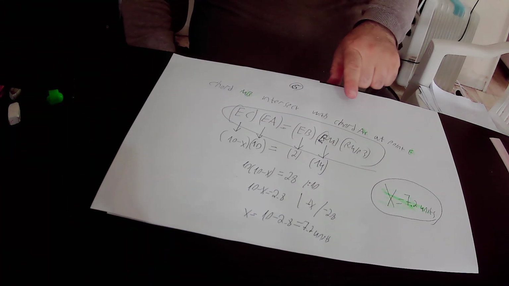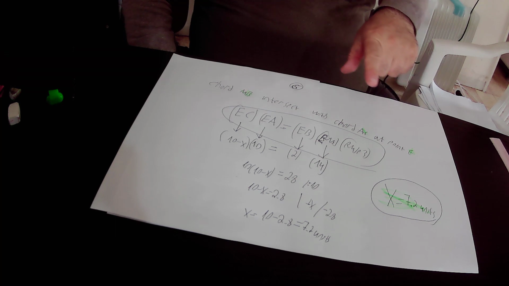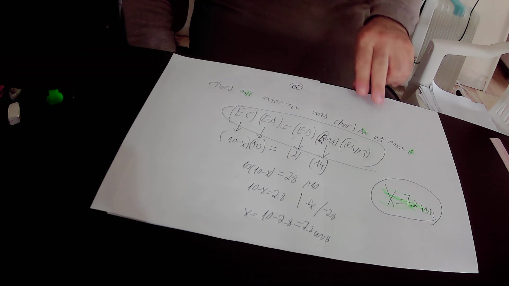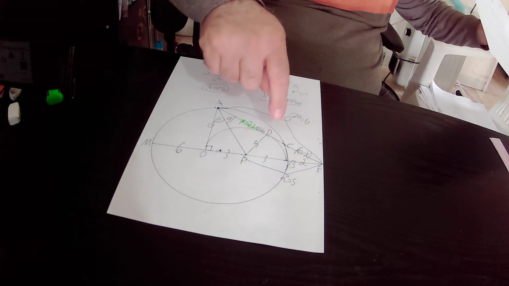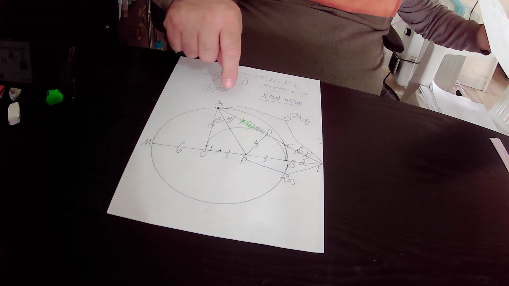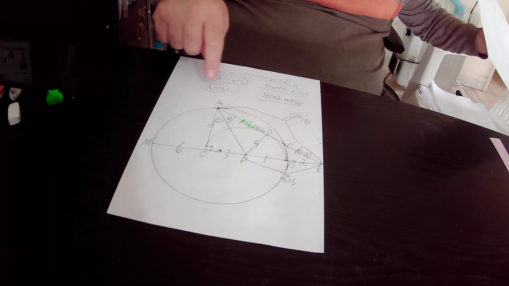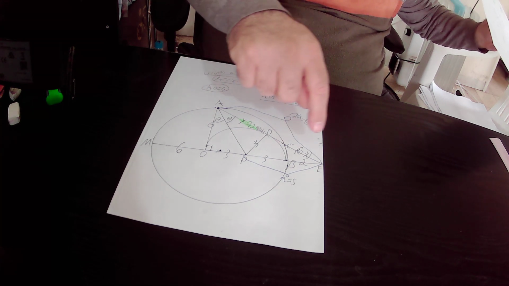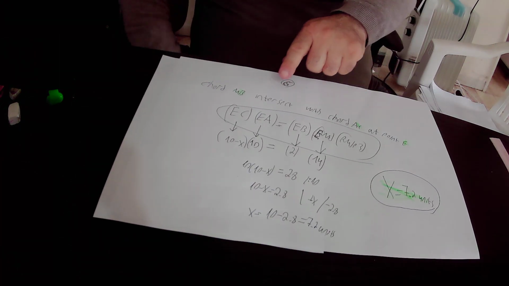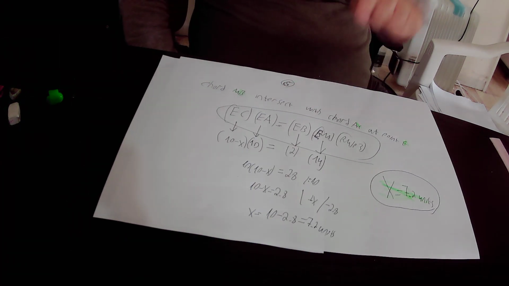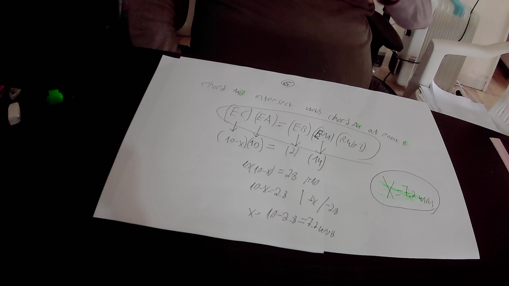Chord MB intersects with chord AC at point E, therefore, according to rule number 3, EC times EA equals EB times EM.